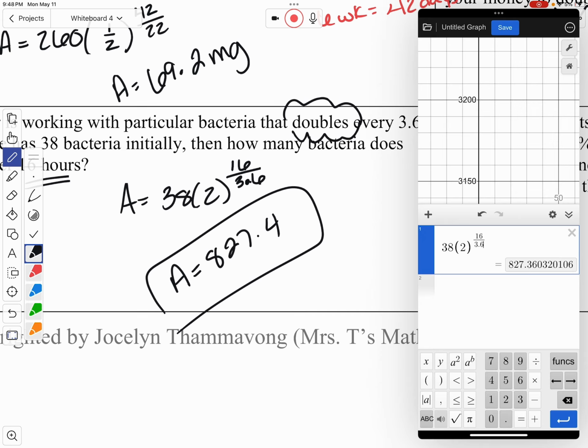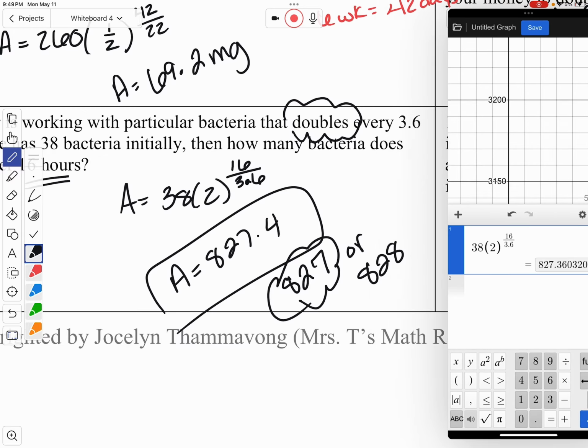So we can't really have 0.4 bacteria. So again, this is the conversation of, does every bacteria count? So it could be 827 or it could be 828. So either one of those, most often it's going to round like a normal number, but just know that there's some conflict in there about what counts and what doesn't count.